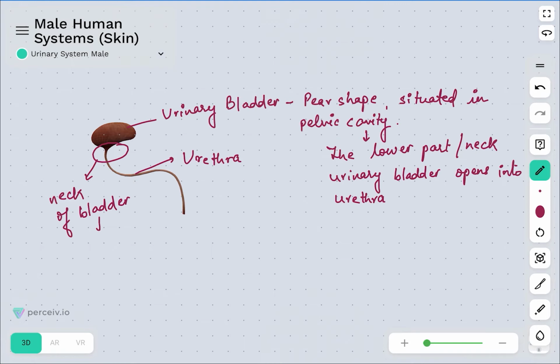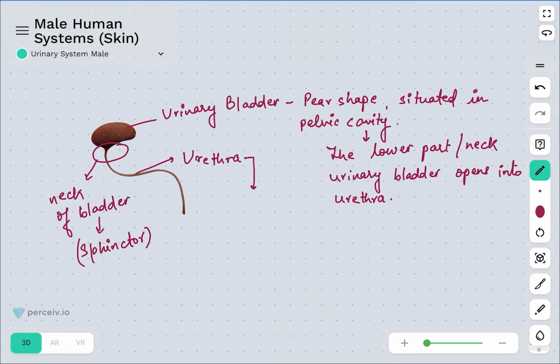So the neck of the bladder has the presence of sphincters, which regulate the opening from the urinary bladder towards the urethra. The passage of urine is regulated through these sphincters only, which are valve-like structures present at the neck of the urinary bladder.